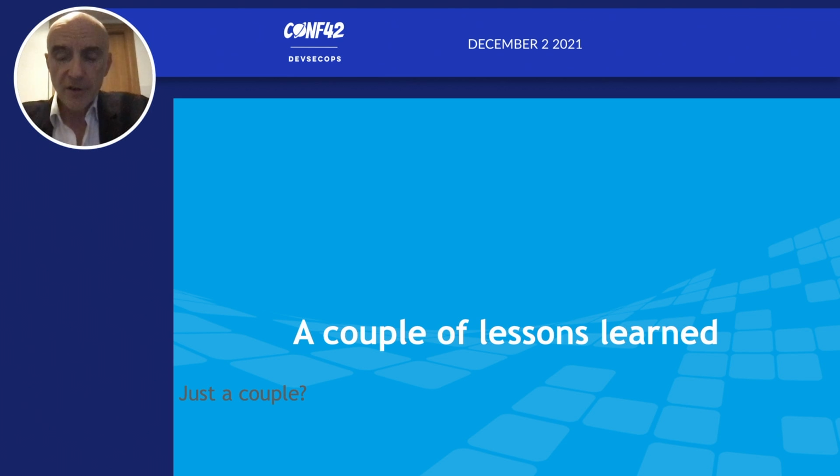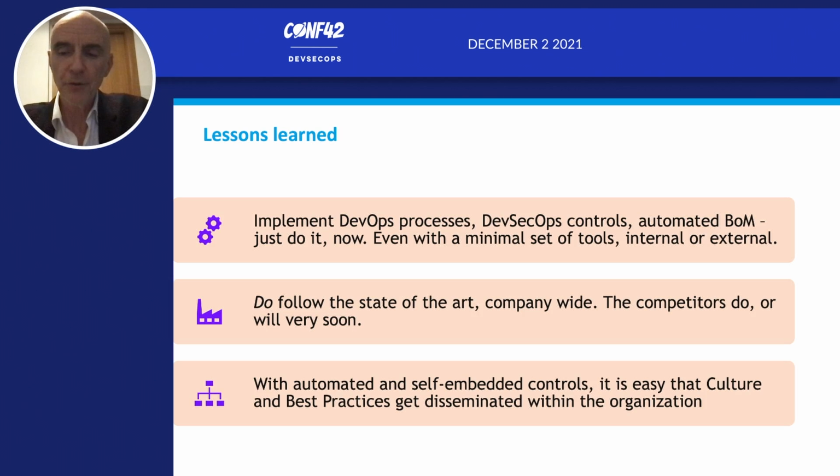A couple of lessons learned. I made this slide just one to be very, very focused and to really understand what we've done. I would say, rather than some technical aspects that were very interesting, one of the first lessons is: implement.